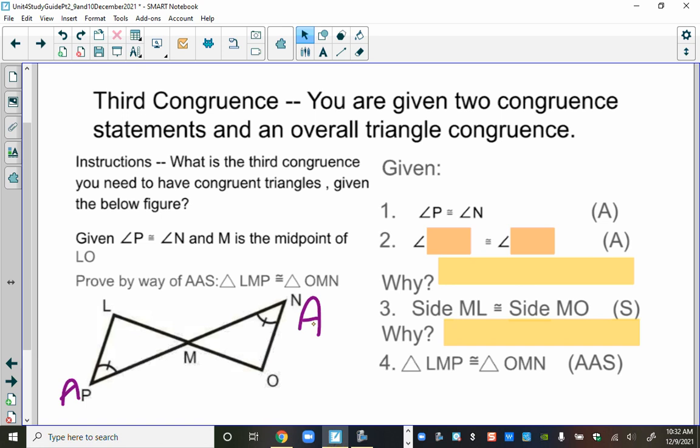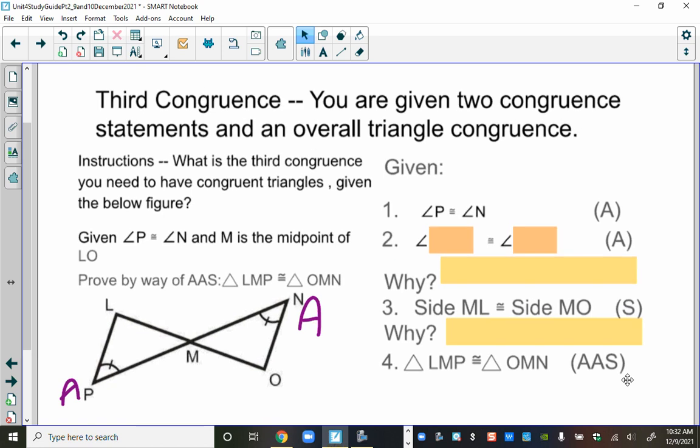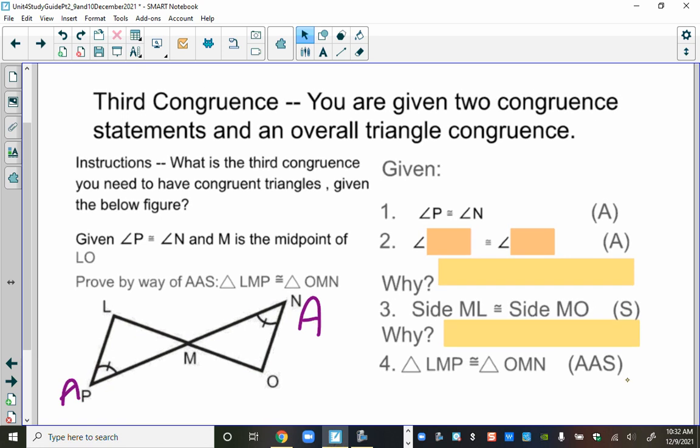What three letters? You could either look here or here. What's the goal? What triangle congruence? Angle side. All right. So that's what we want. We want angle side as the goal.